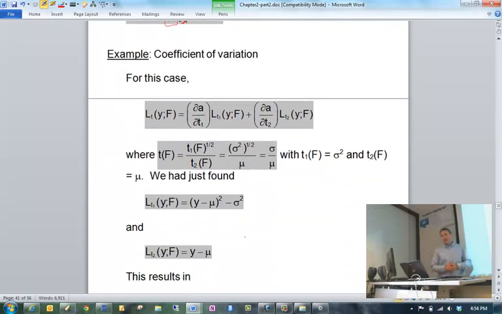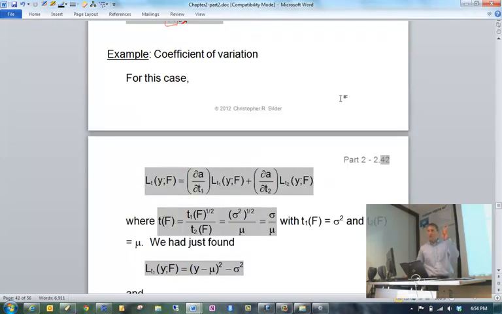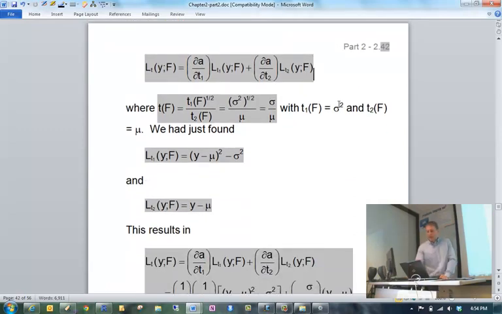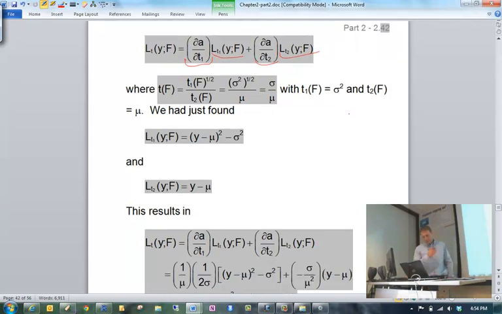So for example, let's do this for the coefficient of variation. There's two statistical functionals in it. So I'm going to take the derivative with respect to T1, then multiply by the influence function for T1. Take the derivative with respect to T2, multiply by the influence function of T2.